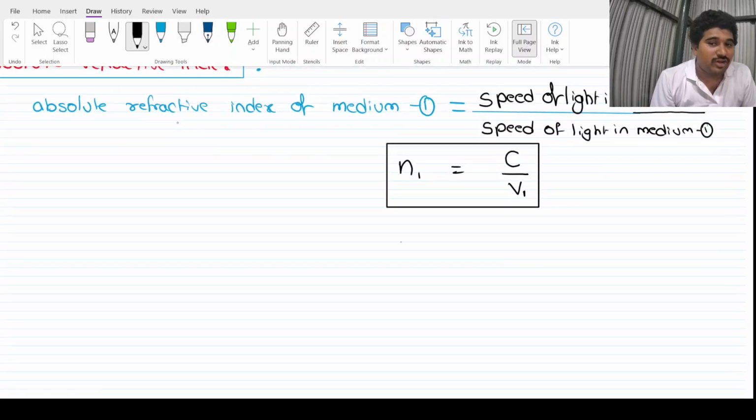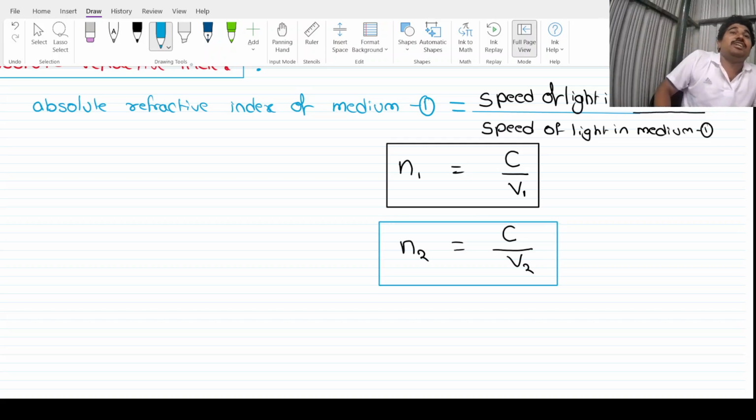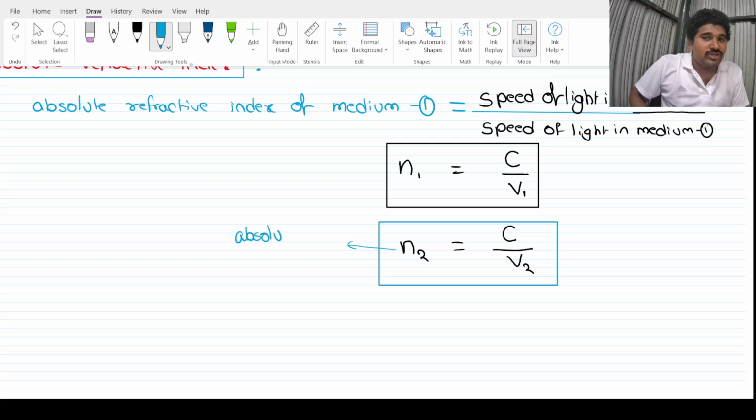Similarly, if I want to write n2, what might be its formula? c by v2. What might be the meaning of this? It is nothing but the speed of light in vacuum divided by the speed of light in medium 2. What is n2? The absolute refractive index of medium 2.